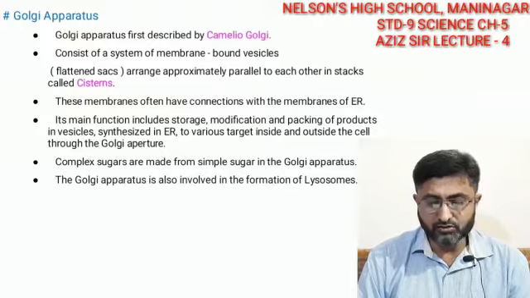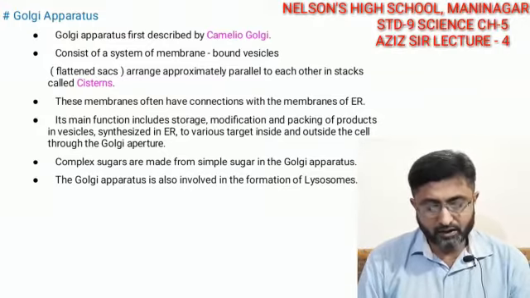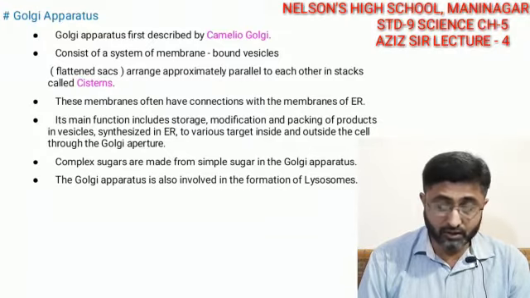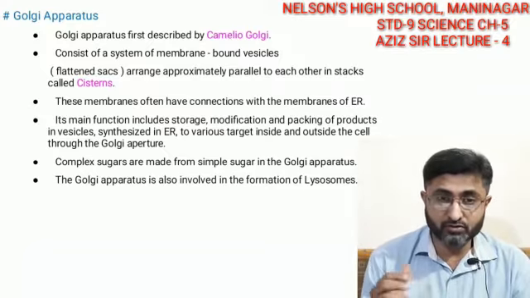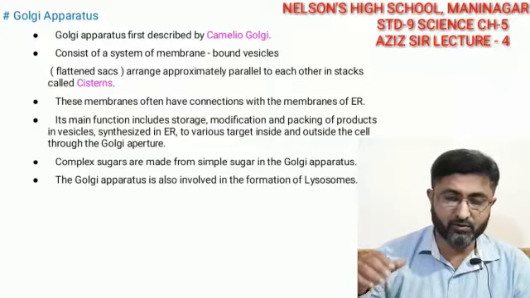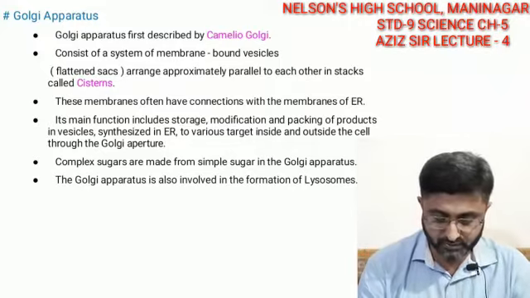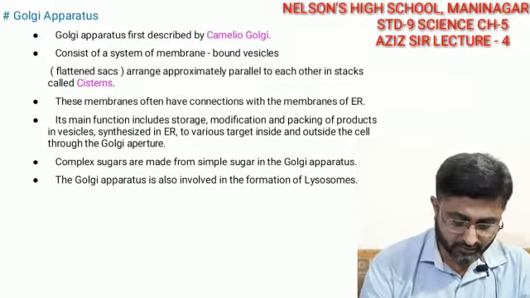So these complex sugars are made from simple sugars in the Golgi apparatus, and the Golgi apparatus is also involved in the formation of lysosomes. This is very important. We will study lysosomes further in this chapter, but the Golgi apparatus is responsible for manufacturing this kind of enzyme product known as lysosomes.